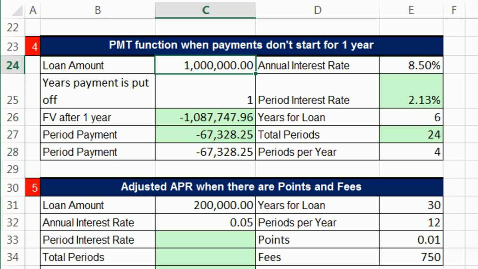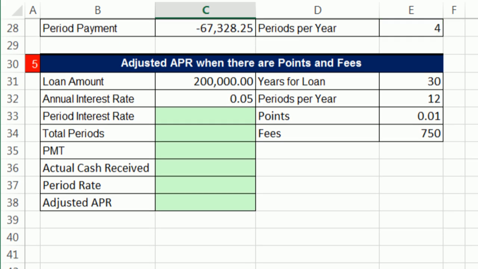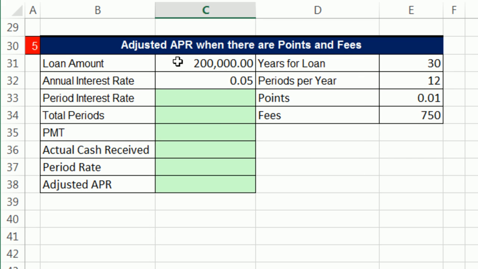All right, we have one last example on this sheet. Here we want to calculate adjusted APR when there are points and fees. Now, if you go out and borrow $200,000 for a house, the contract says, hey, there's points and fees. And a lot of us don't think about that, but points mean they're going to actually take some of this.